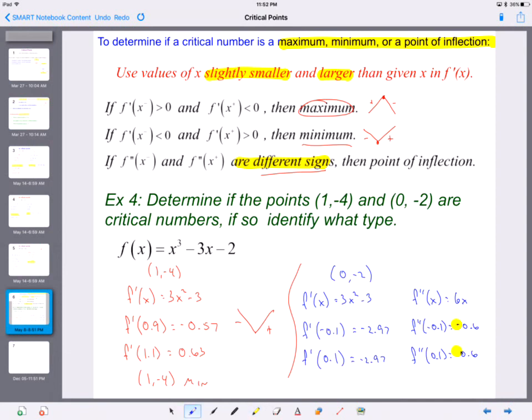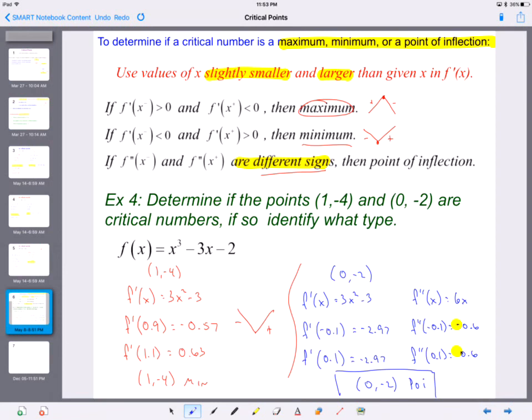Therefore, the point (0, -2) would be a point of inflection. And there you go. So that's how you can prove what these points are by using the slope and the first derivative and the second derivative.